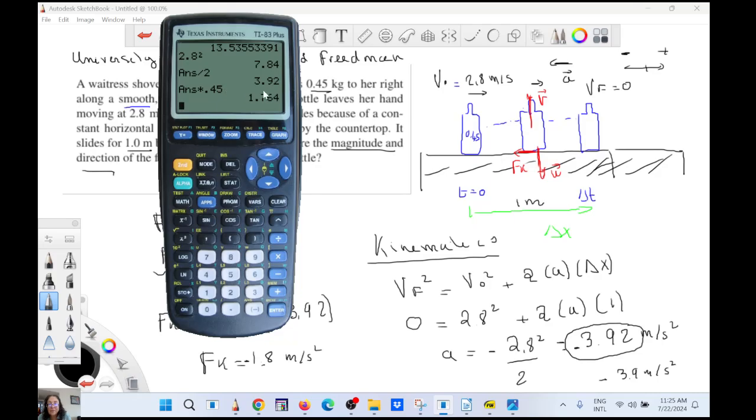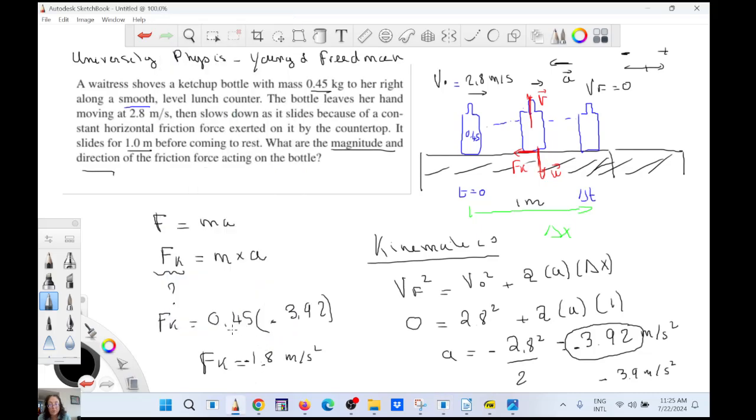I don't know why I divided by 2. So 3.92 times, oh, no, that's correct. So minus 1.8, okay? So the mass is 0.45 kilograms. Okay, and then you can keep 2 significant figures because here you have 2. So it's negative if to the right is positive.